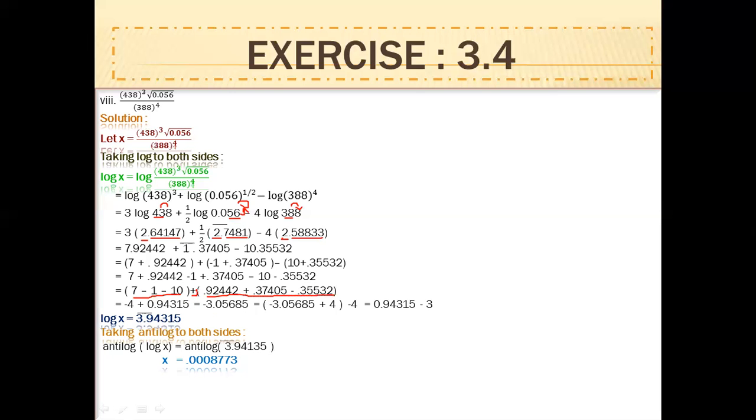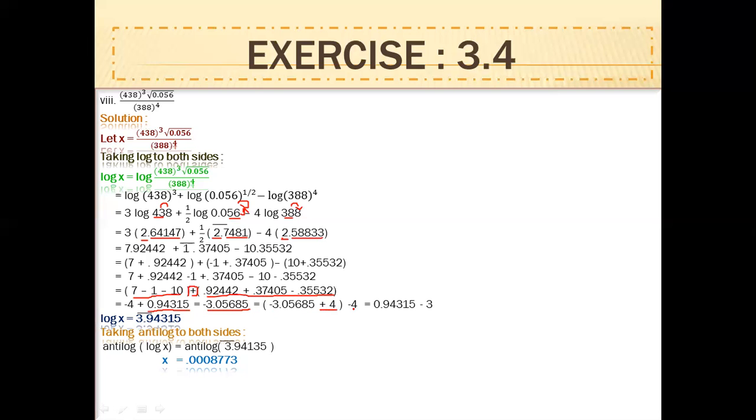When we simplify the characteristic, minus 4 will be there and the mantissa become 0.94315. After simplification, this number with minus 4 plus 0.94315 will become minus 3.05685. Again, we have a negative number, so make it positive.